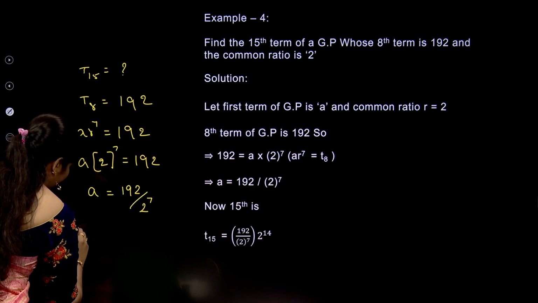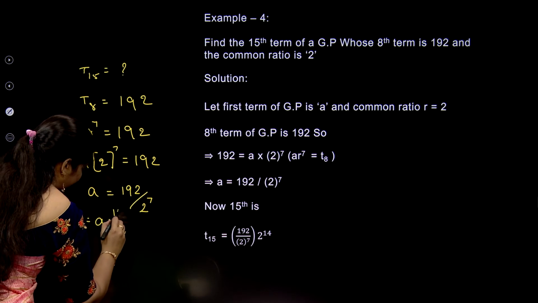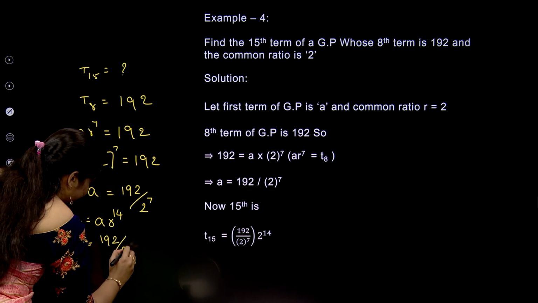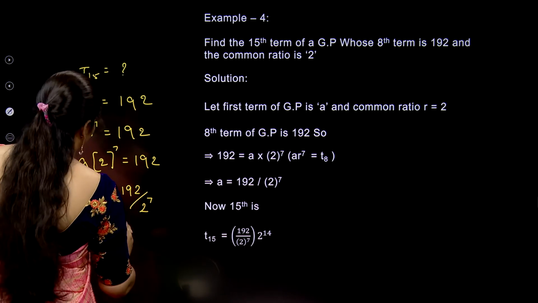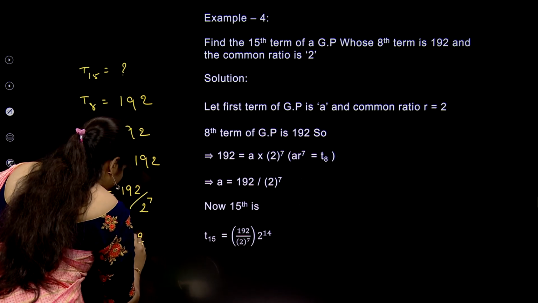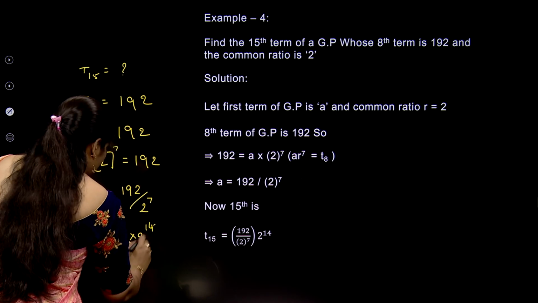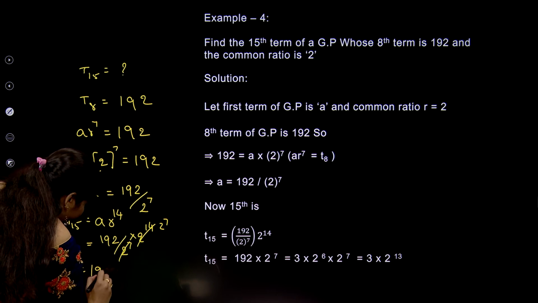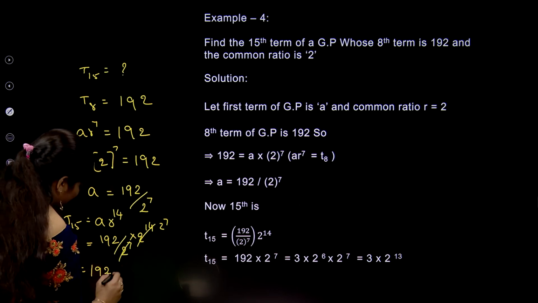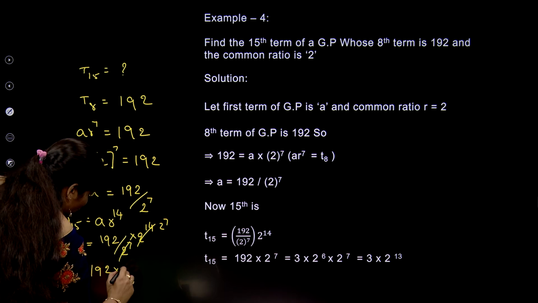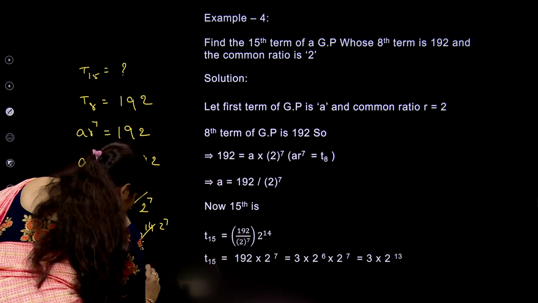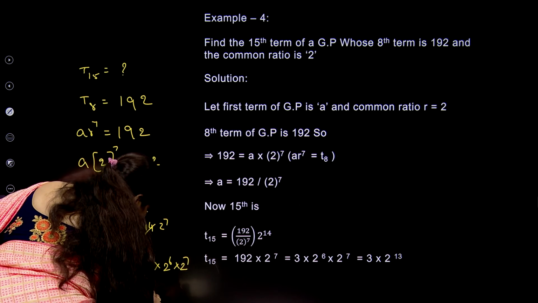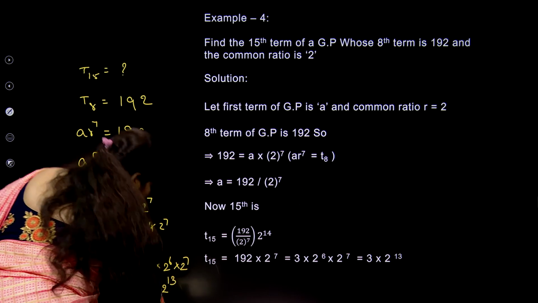T15 can be written as a r power 14. a is 192 by 2 power 7, r is 2, so 2 power 14. 192 can be written as 3 into 2 power 6, into 2 power 7 gives the answer 3 into 2 power 13.